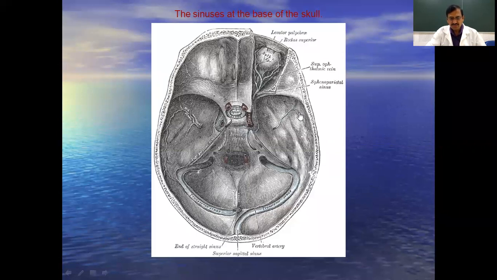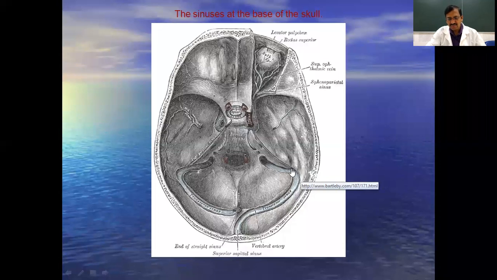Apart from this, there is thrombosis of the superior sagittal sinus. Sometimes there may be chances for thrombosis in the sigmoid sinus, because the sigmoid sinus is very closely related anteriorly to the mastoid air cells or mastoid antrum.